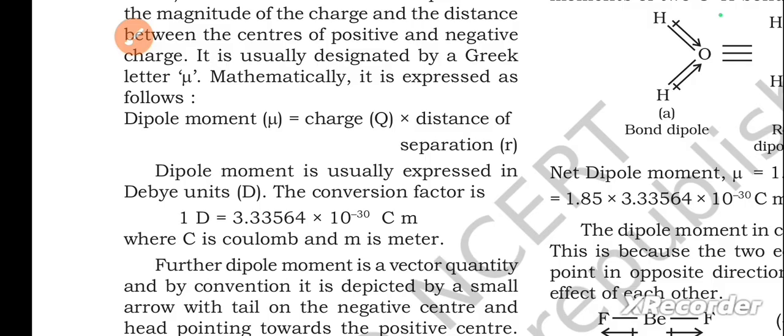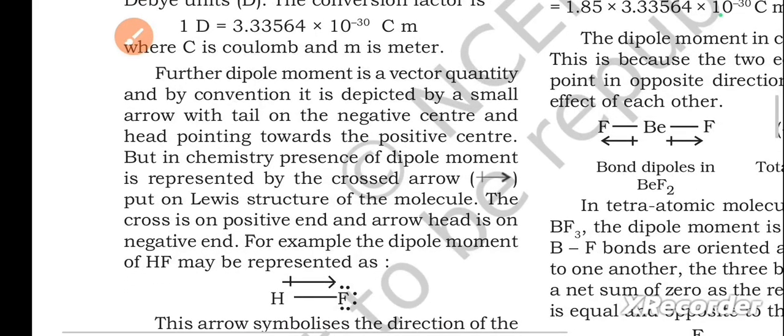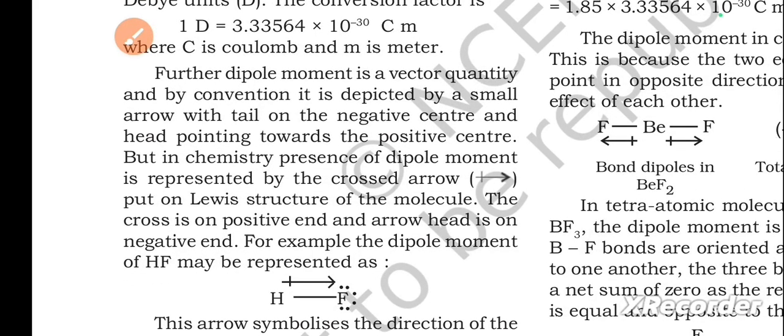Dipole moment is usually expressed in Debye units. The conversion factor is 1 D equals 3.33564 times 10 to the power of minus 30 C m, where C is coulomb and m is meter. Further, dipole moment is a vector quantity and by convention it is depicted by a small arrow with its tail on the negative center and head pointing towards the positive center.